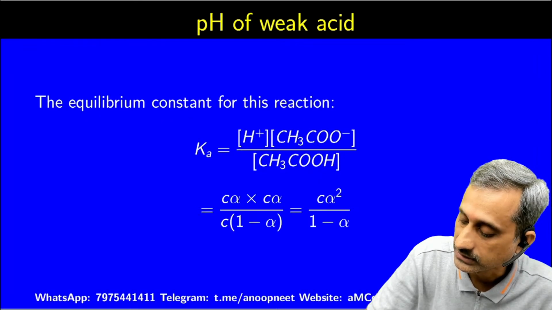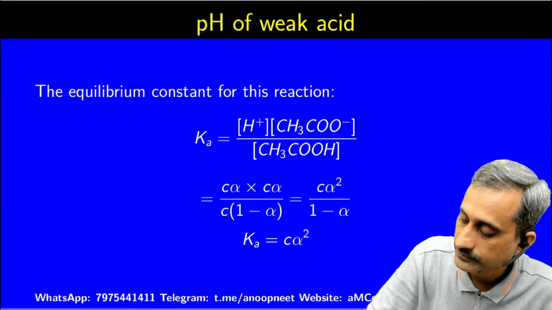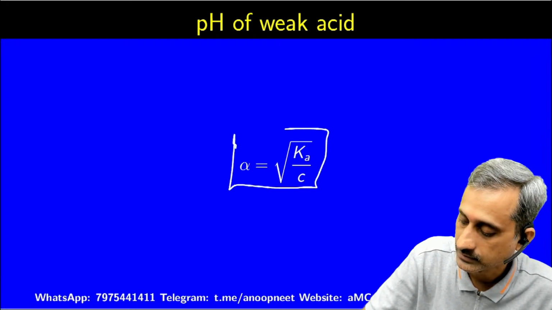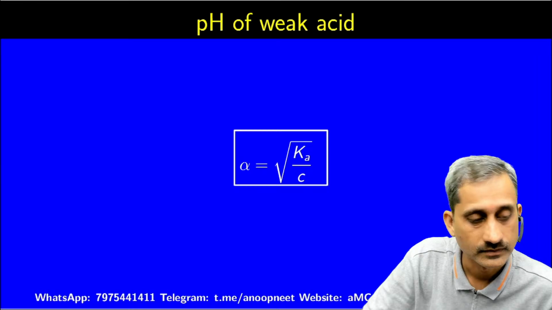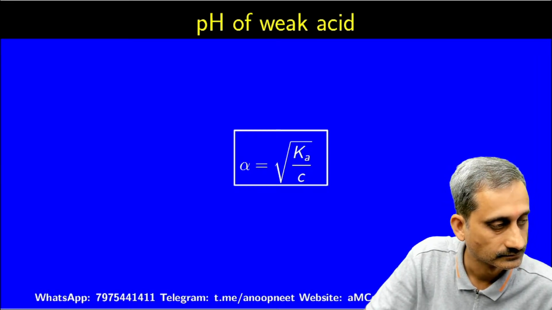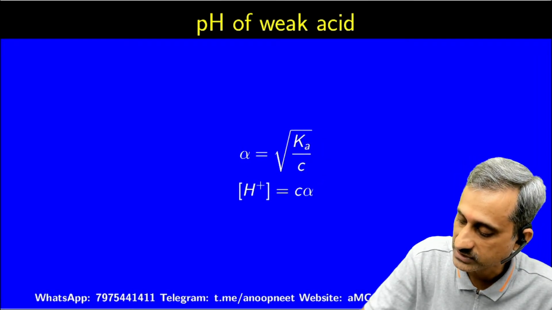Any difficulty? This is the equation that we get, and this is the expression we get. Alpha is equal to under root Ka by C. And concentration of H plus is C alpha.